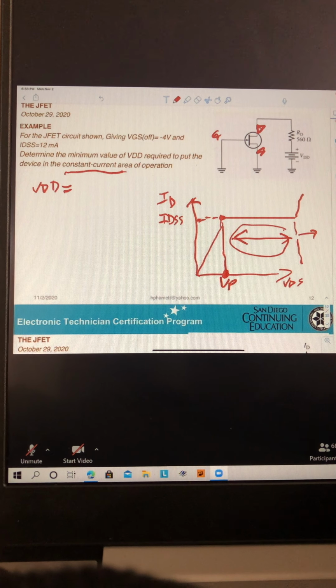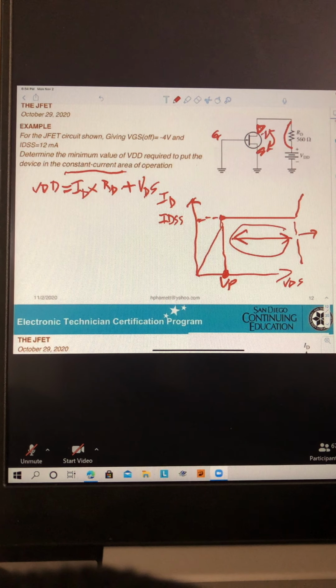So VDD will be equal to ID times RD, and you add the voltage drop here to the voltage here, VDS. Okay?